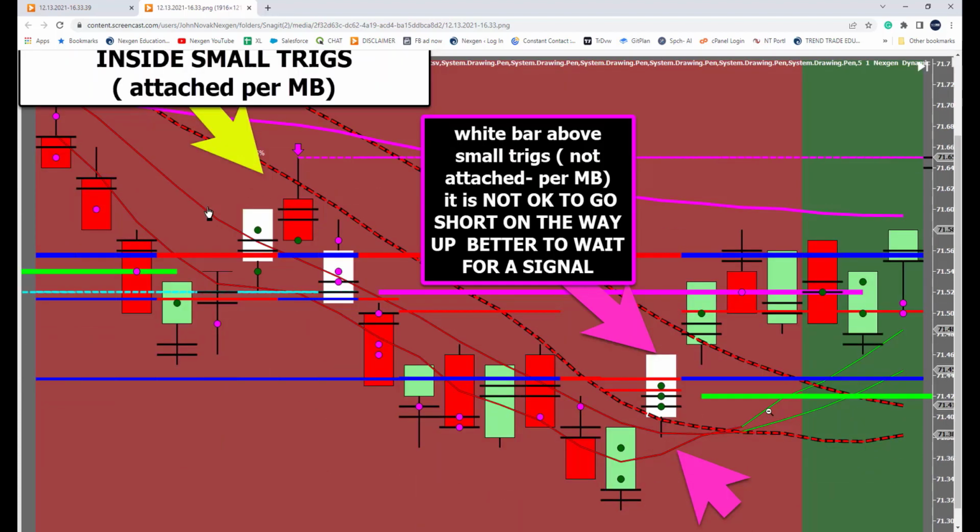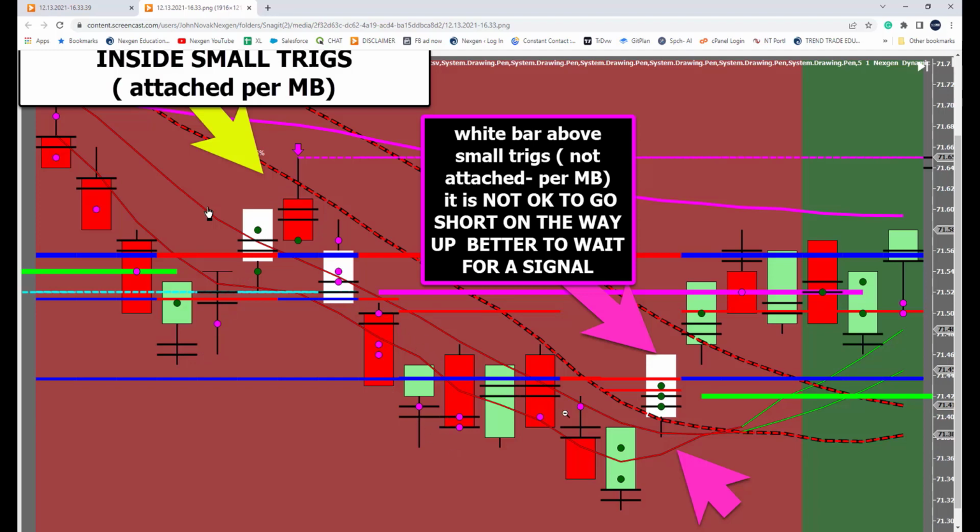The opposite is true if the white bar itself is completely above the small triggers. So this should start to have a pretty familiar theme for you. All the price bars below the small triggers, white paint bar up, go short, get paid.